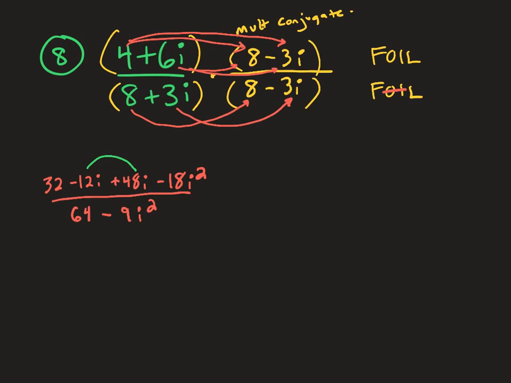Got some like terms we can put together. We also have an i squared that we'll replace with negative 1. Also on the bottom. So we've got 32 plus 36i. And then negative 18 times negative 1 is going to be positive 18. On bottom, 64, and then negative 9 times negative 1 is going to be positive 9.